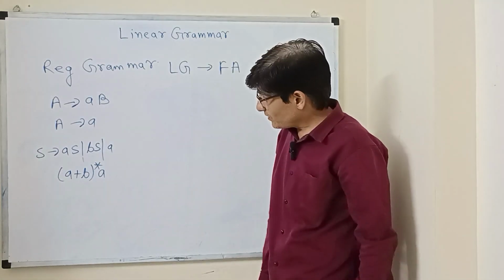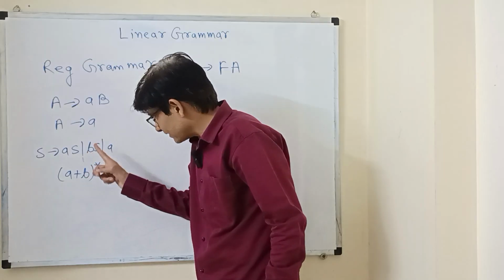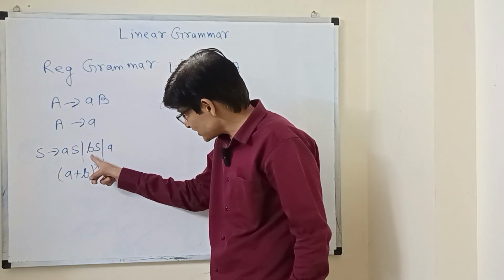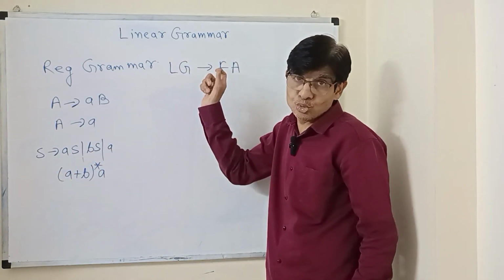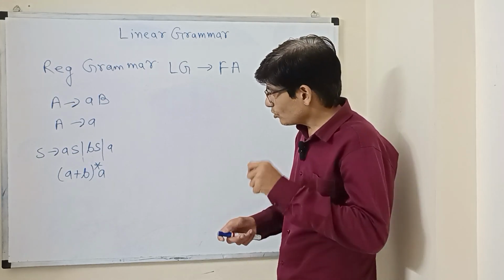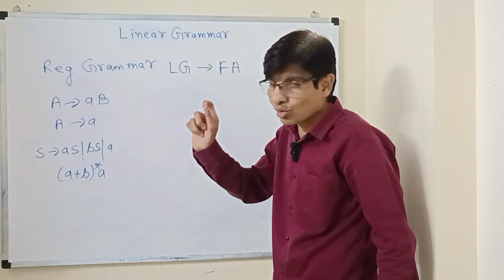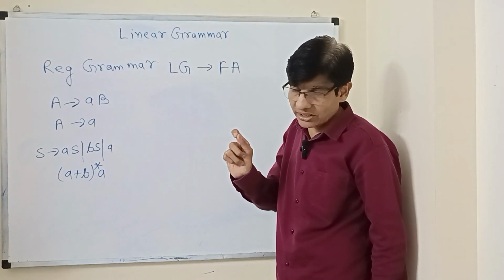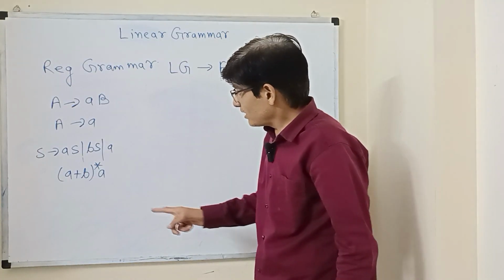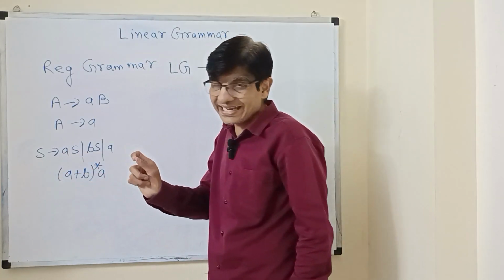So now friends, we will take this grammar as an example, and we will convert this particular grammar into finite automata. As you can see, here there is only one variable, and there are two terminals, a and b.